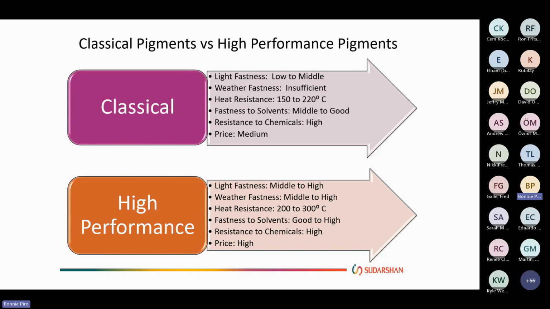But they also have a lower cost to the formulation. The flip side, of course, is the high performance. These were developed to be able to move those color spaces to a higher performing area so that your fastness properties are higher. Your heat resistance is higher. So there are more opportunities for exterior usage as well as higher processing temperature usage.